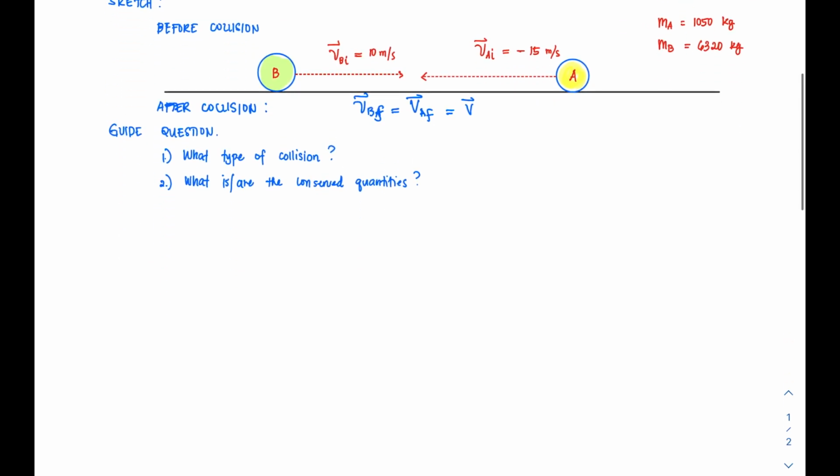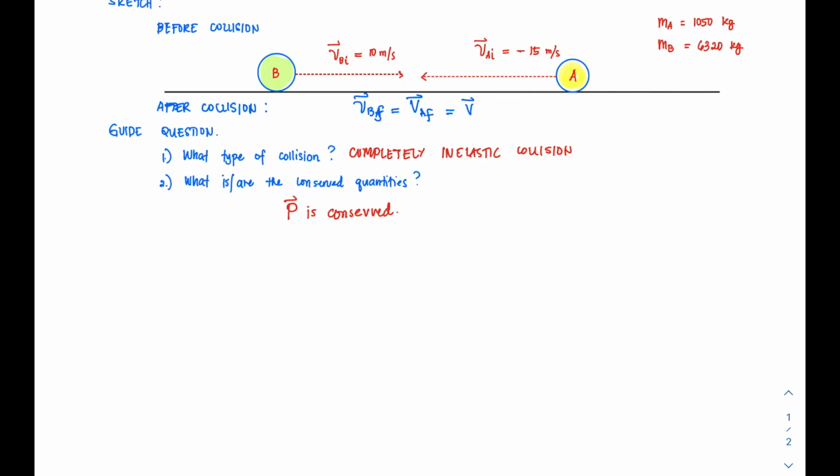This is exactly a completely inelastic collision. Now in these types of collision, there is only one quantity that is conserved, and that is momentum P, but the kinetic energy is not conserved in this case.